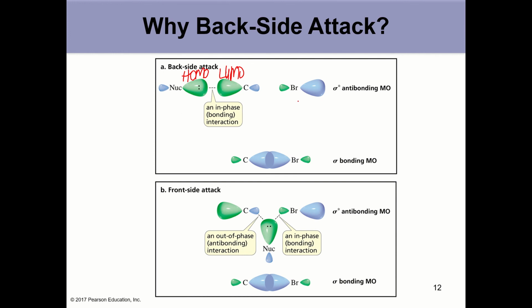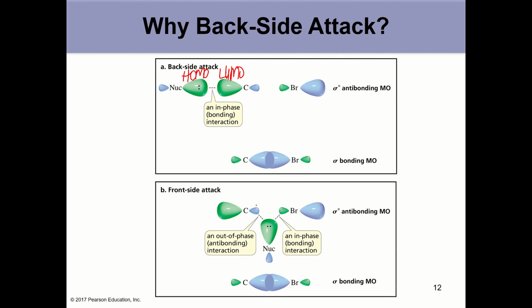And so the bond forms at the sigma anti-bonding molecular orbital, and when the C-Br bond breaks, those electrons leave, the sigma bonding molecular orbital is empty of electrons, and the electrons that entered the LUMO of the carbon then drop down in energy.